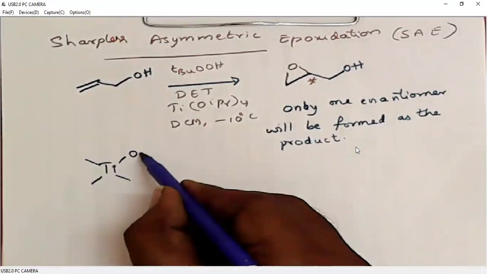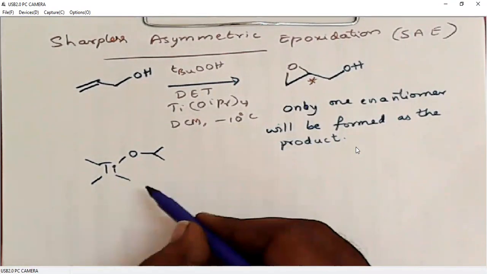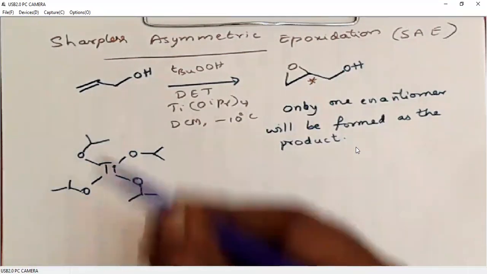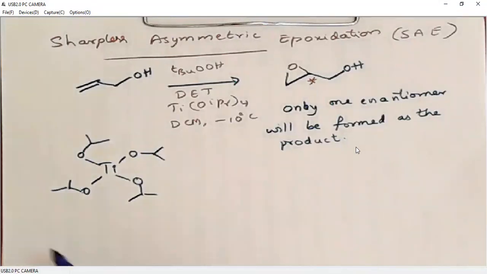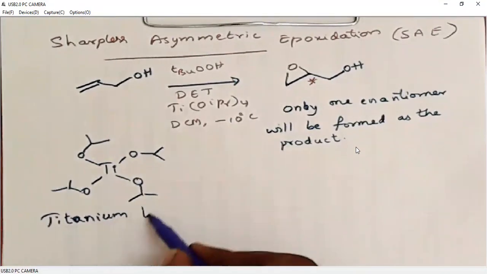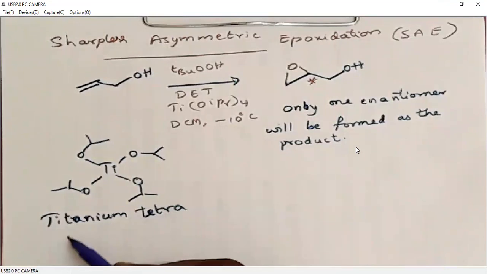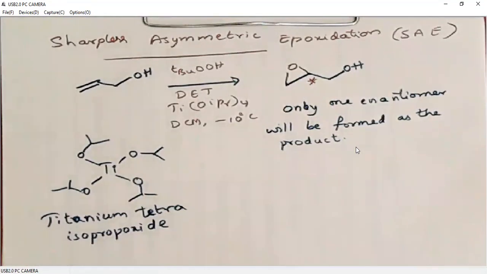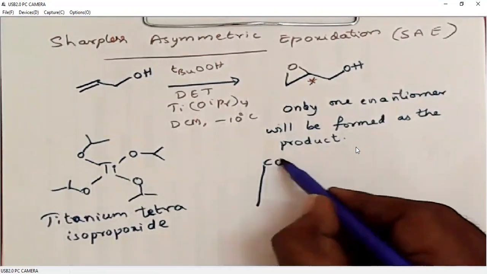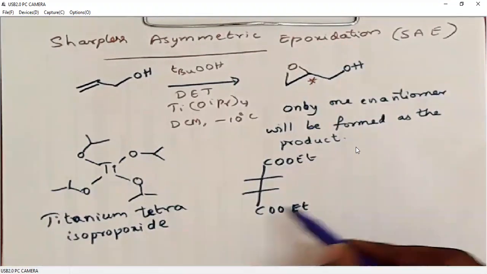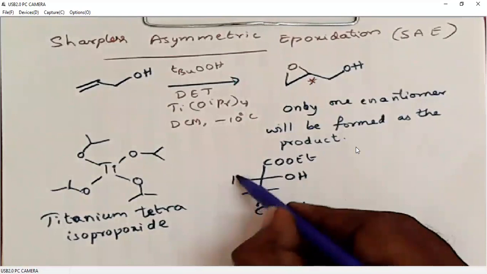Titanium tetraisopropoxide. Of course, we know this, right? Then diethyl tartrate. If the two are carboxylic acids, it is called tartaric acid.